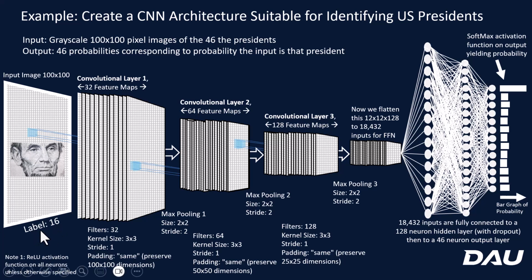So the label on this would have a one-hot vector with 45 zeros, and the 16th from the left would be 1. We compare this output to the one-hot vector, where 16 would be a 1. We see almost a 1 here and a whole bunch of little garbage down here. We use a loss function to subtract the one-hot vector from this to see how bad it was. That's where we get our error.